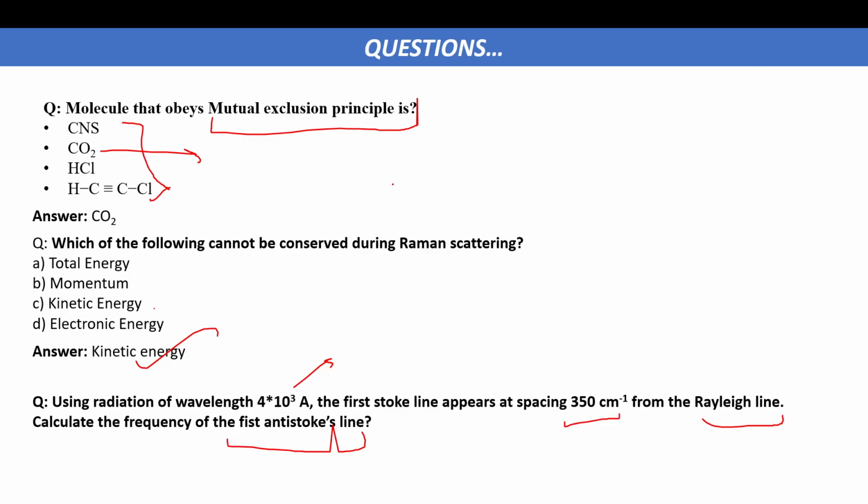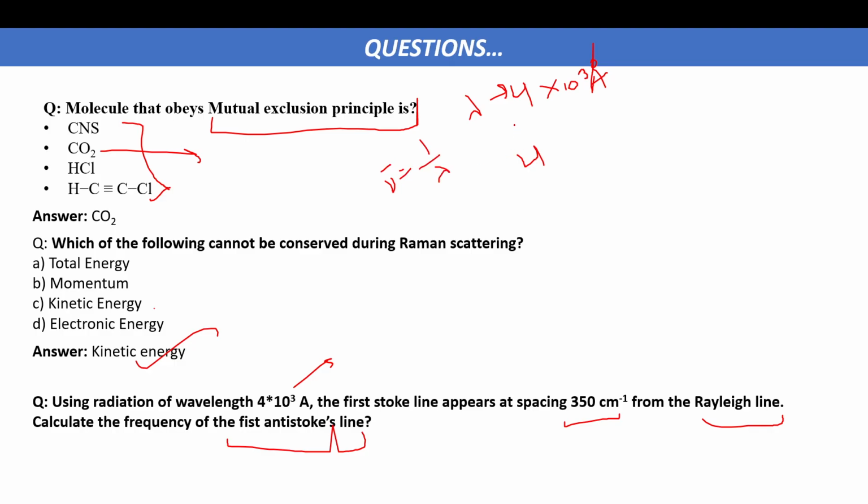See here it is given wavelength. So wavelength is 4 into 10 raised to power 3 angstrom. What is the relation between wave number and wavelength? It is inverse.